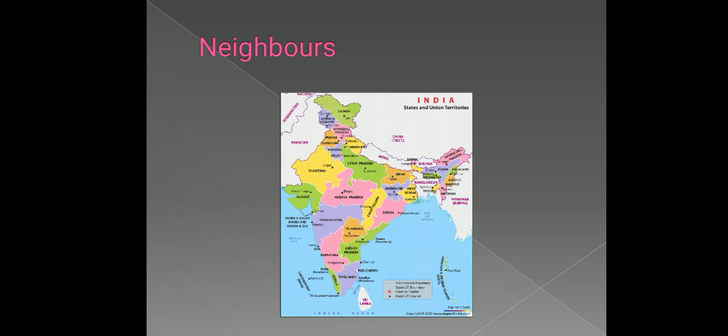Sometime before 1947, it was a part of India, but after independence, India was divided in two parts, India and Pakistan, and you have studied about it in your history. So, in the south, there is Sri Lanka as well as Maldives. These are our southern neighbors.